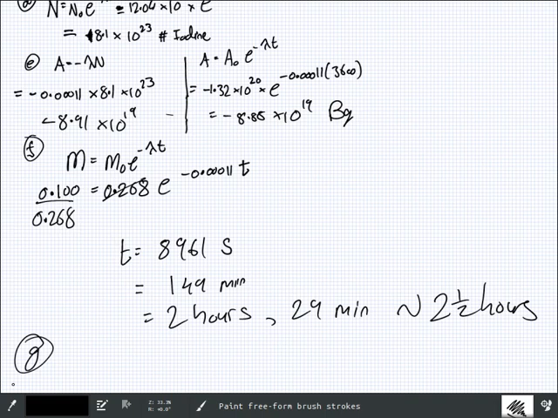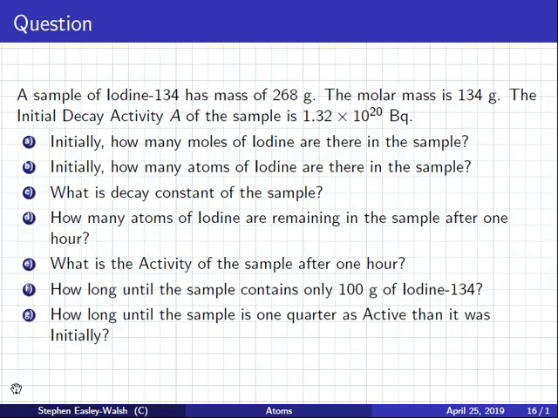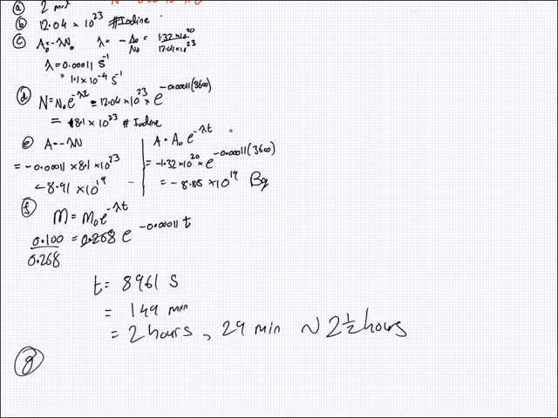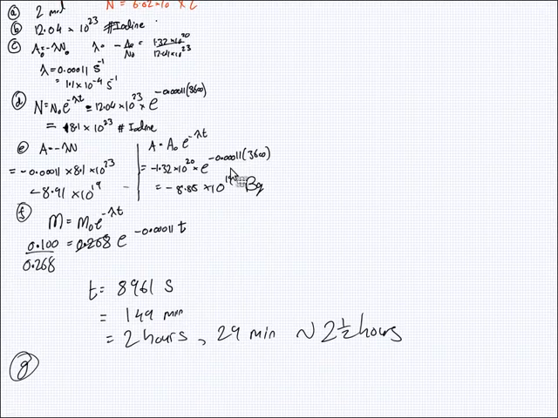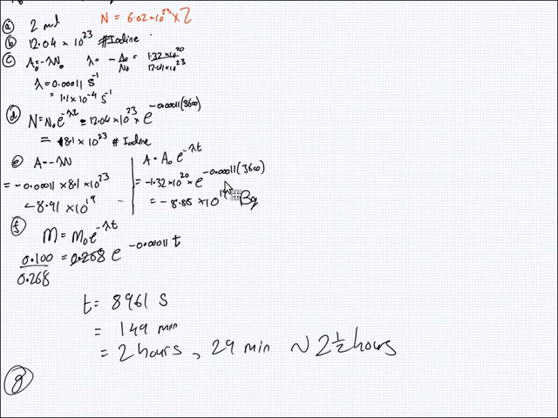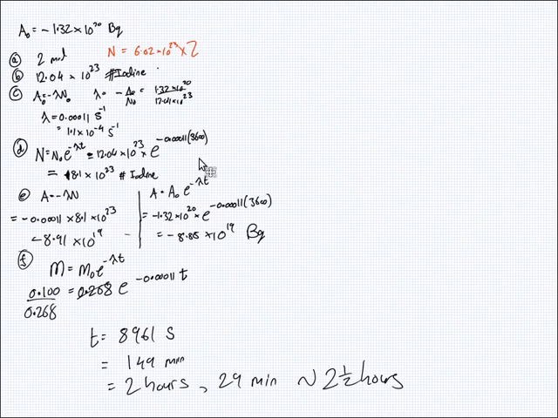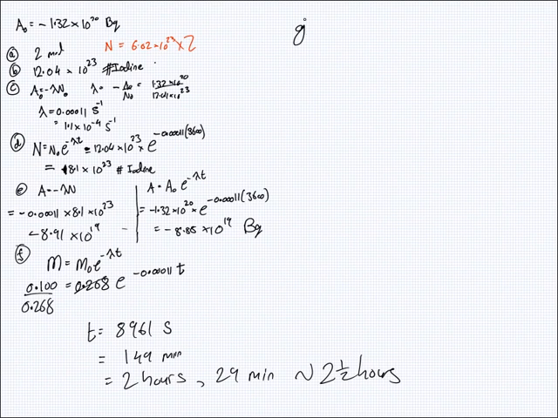G. How long until you have 1/4 of the activity? Sorry, can you still see? Getting quite small. So lastly, we want 1/4 of the activity. I'll write it up here. Activity equals A0 e to the minus lambda t.